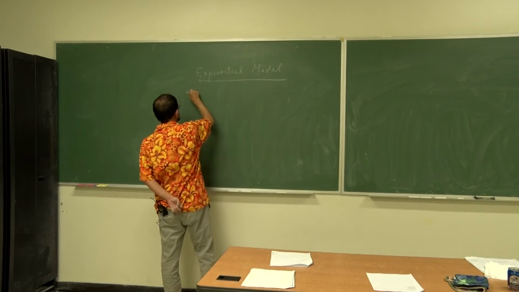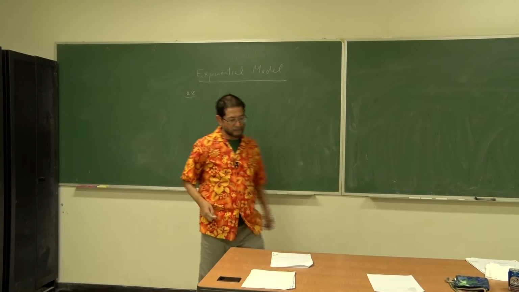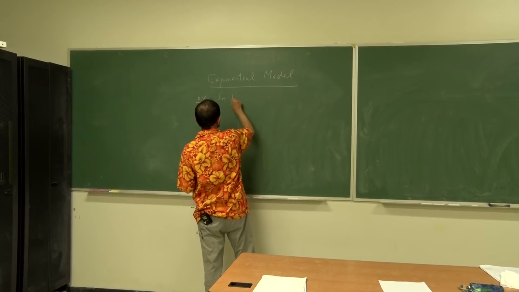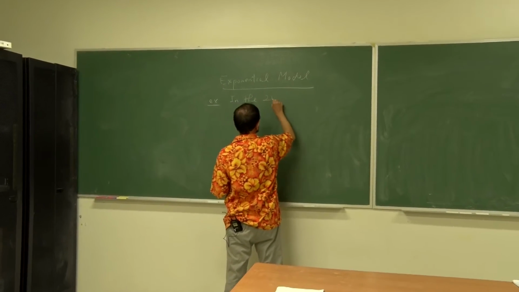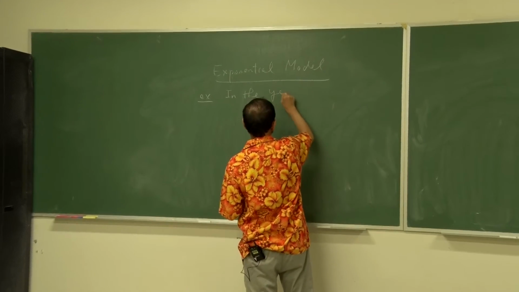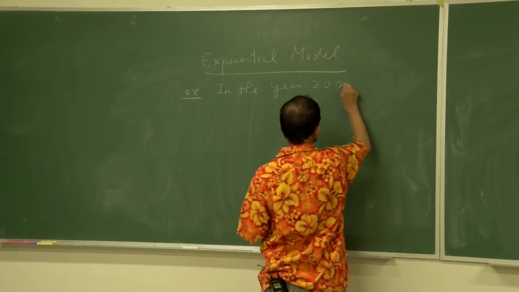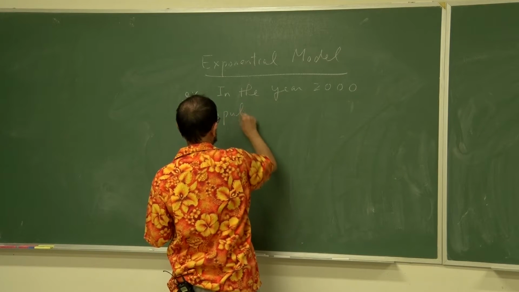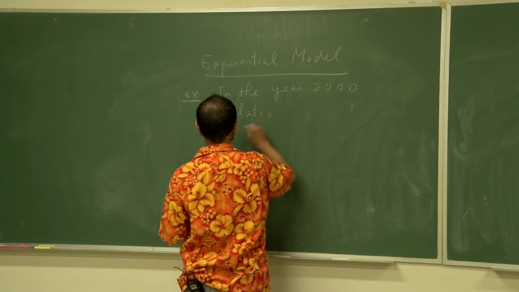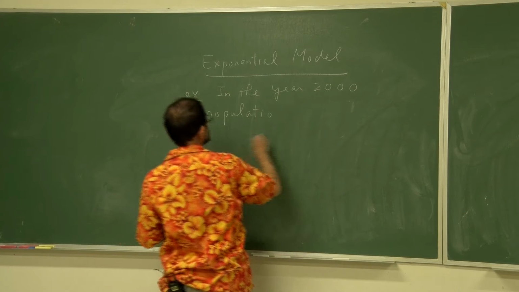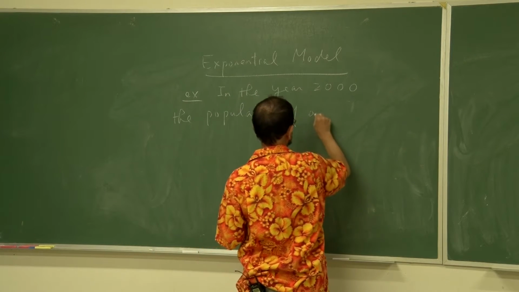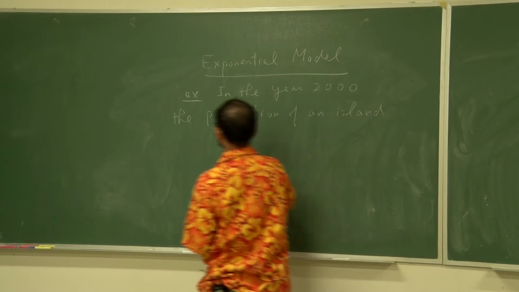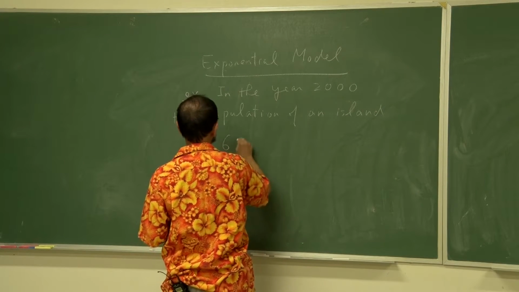So let's look at the concrete situation here. Suppose in the year 2000, the population of an island is say 6,000.